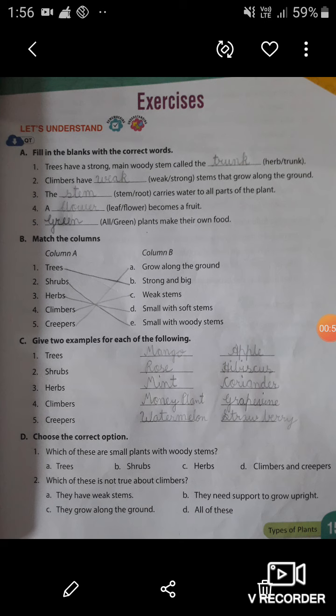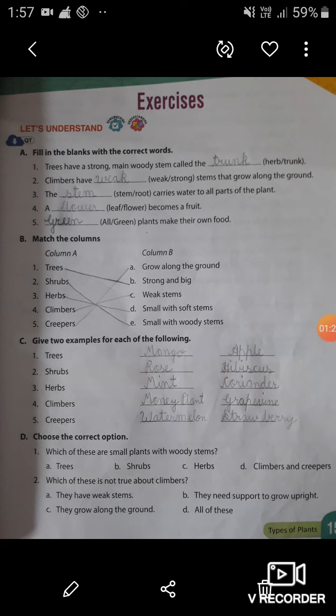So students, as you know, there are many types of plants around us. They are of different shapes and sizes. So students, in the explanation of this chapter, you learned that there are 5 types of plants: trees, shrubs, herbs, climbers, and creepers.